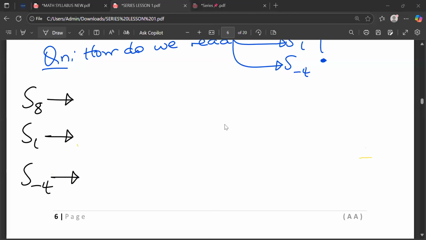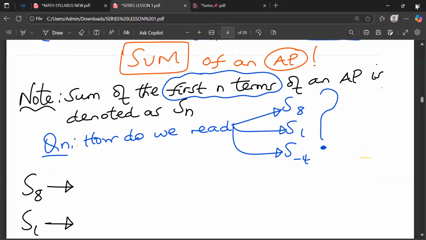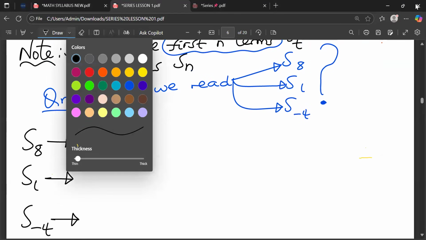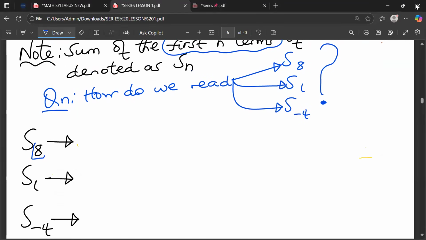Sum of the first eighth term. That is wrong. Sum of first 8 terms. That is correct. Sum of the eighth term. Wrong. I've said Sn means sum of the first any terms. It is just any terms. So when I say S8, this 8 you're seeing here is representing the terms.